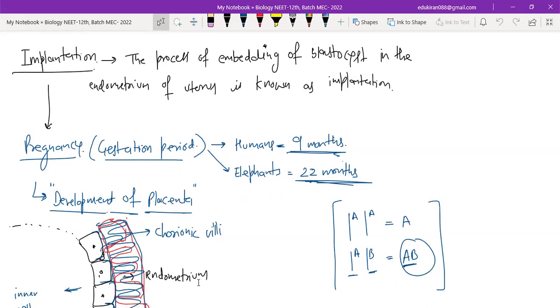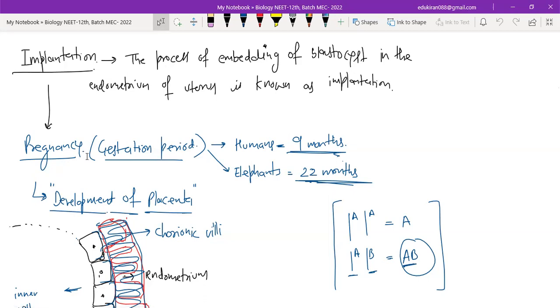Okay. What is gestation period? This is the period of pregnancy itself, right?